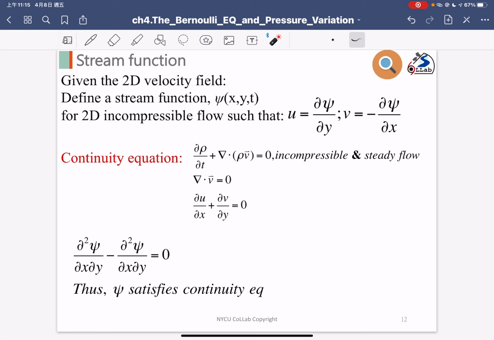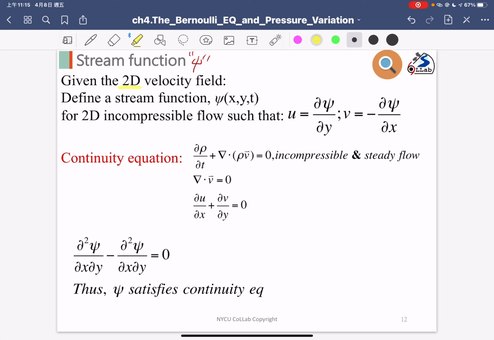Okay, so some assumptions before I derive the equations. The stream line, the C in here, the symbol, I call that the stream function. And I only focus on the 2D problems. So right now, my problem is the 2D velocity field.